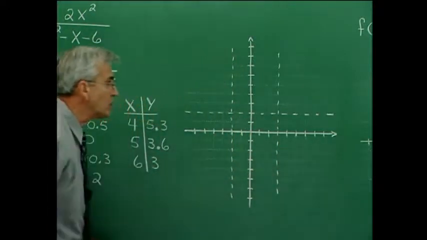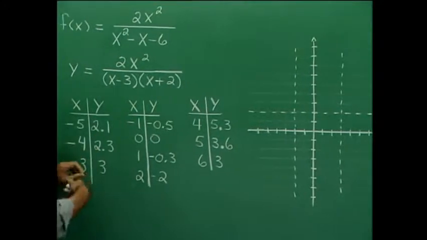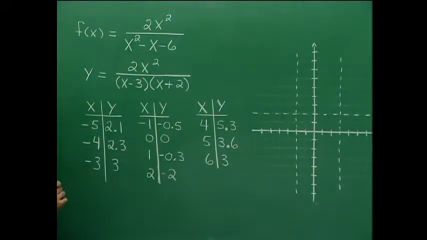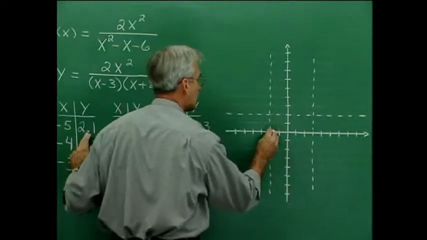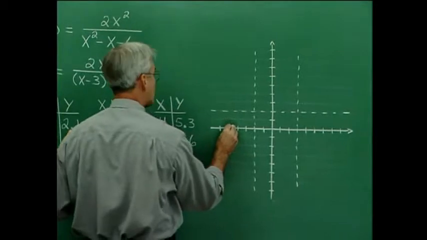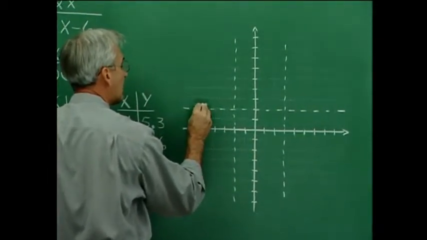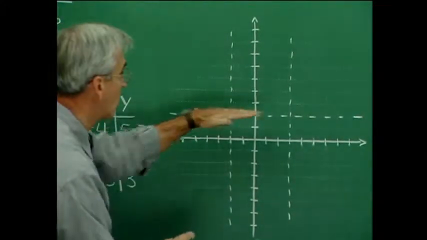I've made a little table of values for the left-hand part, the middle part, and the right-hand part. Let's see what happens as we plot these points. -5 goes to 2.1, and immediately we are discovering that the graph in this region is going to be above that horizontal asymptote.